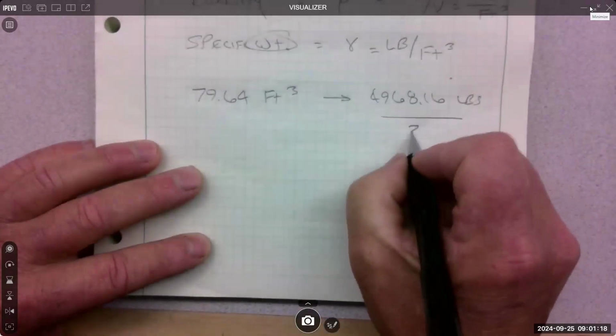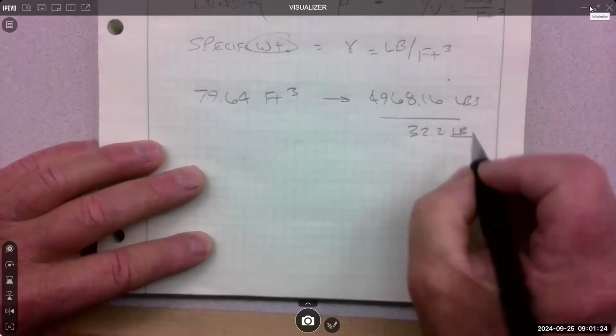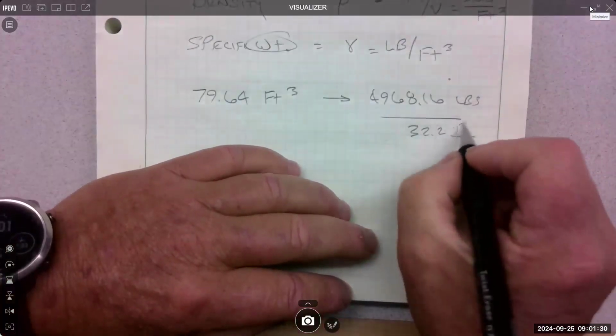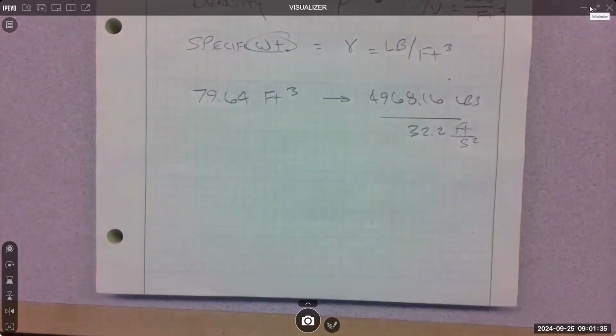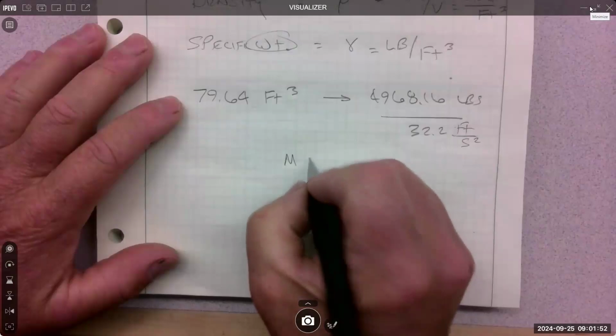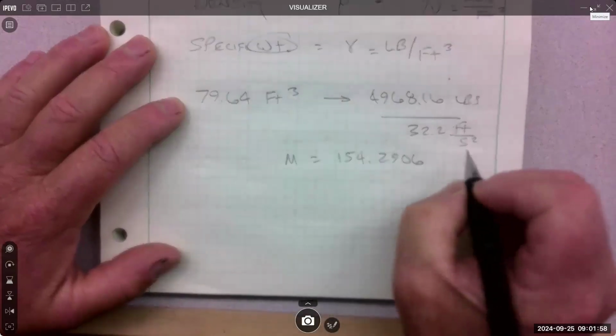So then we would take that and divide by 32.2 feet per second squared. We're looking for mass, right? Divided by, yes, you've got to divide it. Slightly different because of your start number. So what do we get for mass? 154.2906 is the one number I got. Slugs.